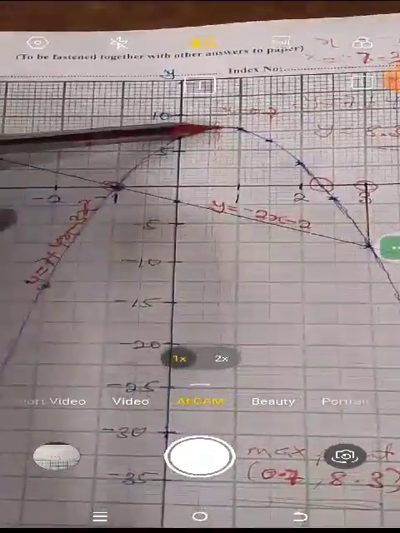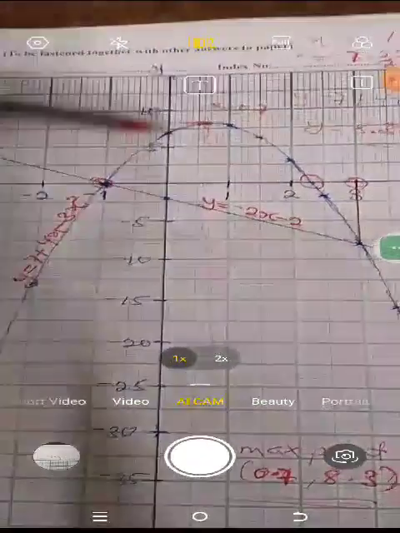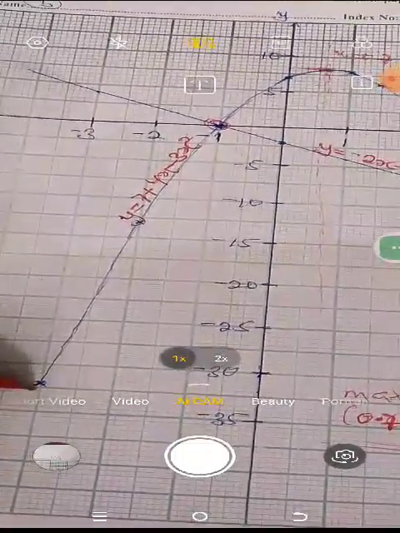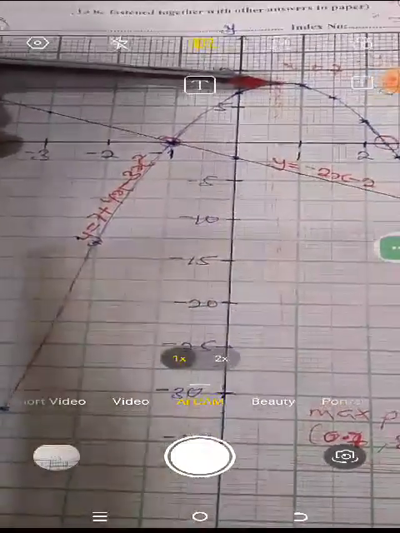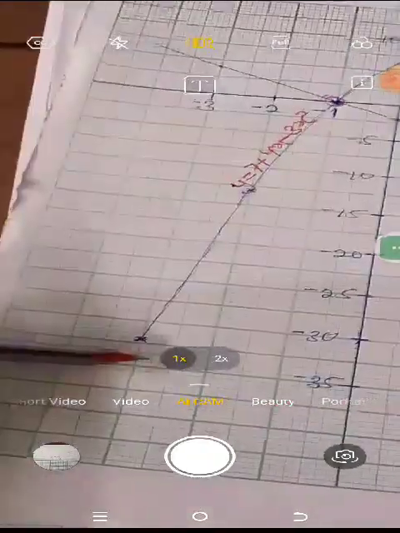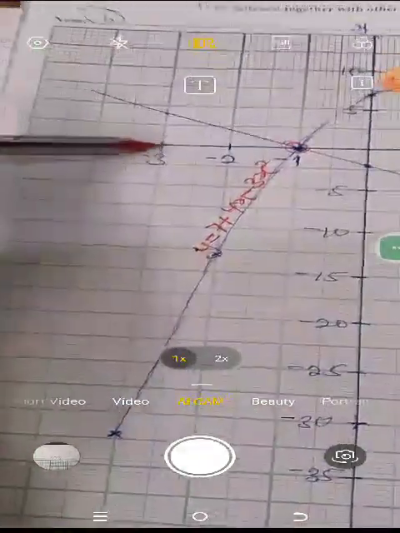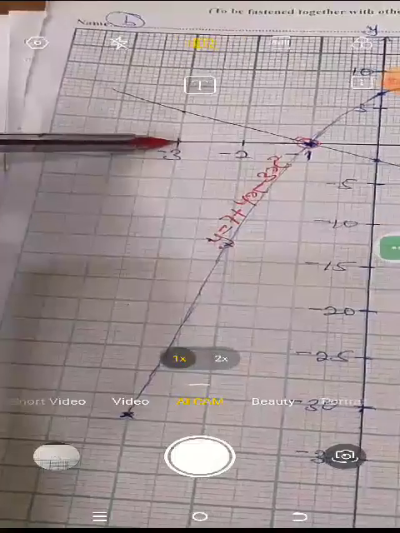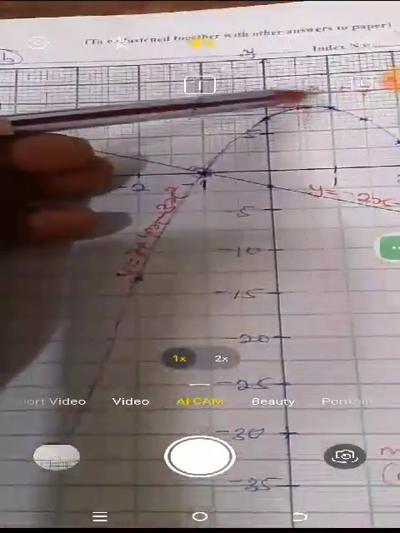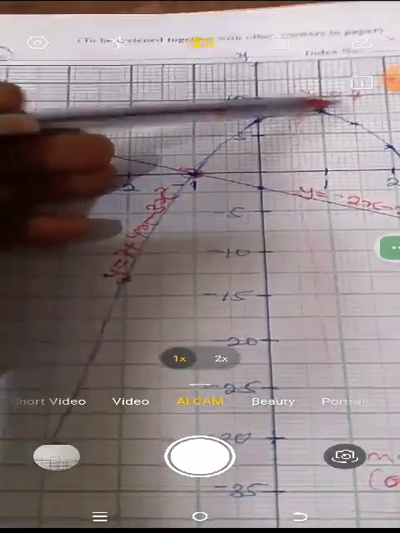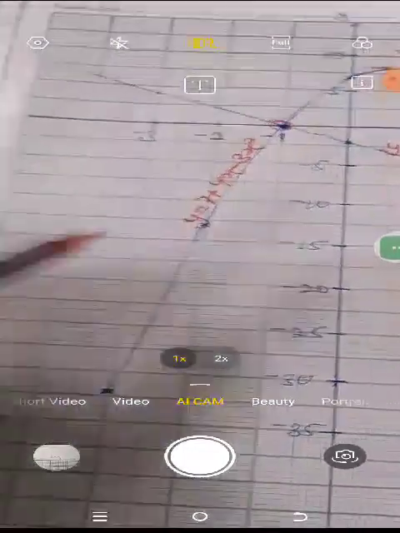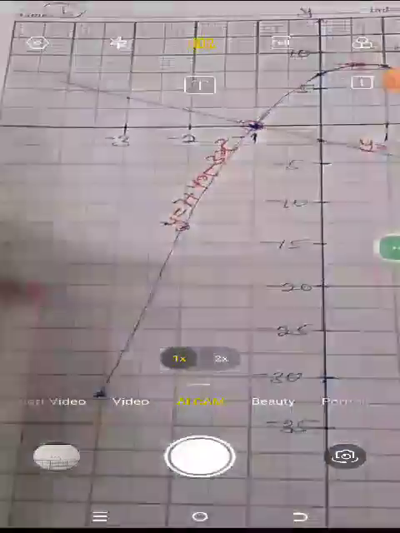Now, what x value do we use to plot here? It is this. So from -3 to the equation of the line of symmetry, where x is equal to 0.7, the graph is increasing. So these are the values of x for which the graph is increasing. So from x is equal to -3 to x is equal to 0.7, the graph is increasing as x is increasing.